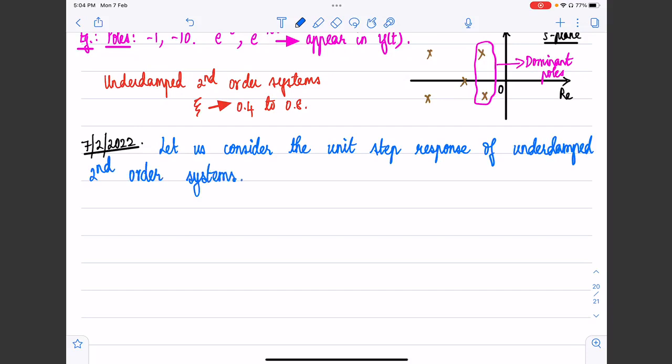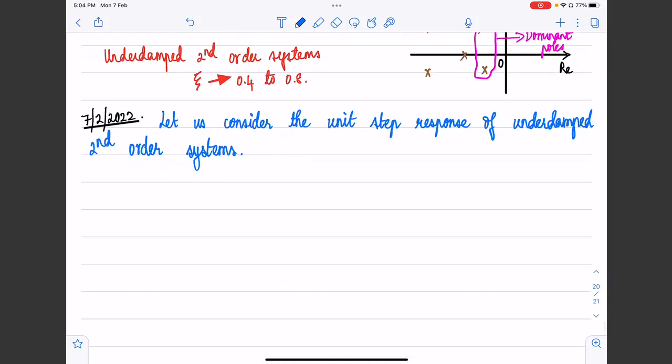We want to analyze the unit step response, and as we know, a unit step input means U of S will be equal to 1 by S.